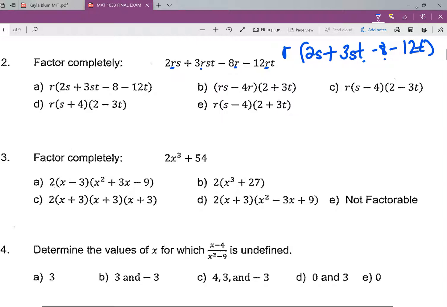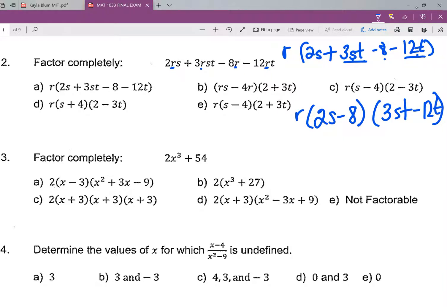Or you could also take these 2 terms, group those 2 together, and then leave these 2 and group those 2. So if we do that, based on what they have in their shared component, I'm going to take the 2s minus 8, and I'm going to factor that, and I'm going to leave the 3st minus 12t, and I'm going to factor that.